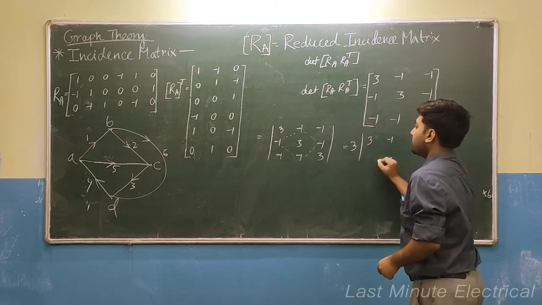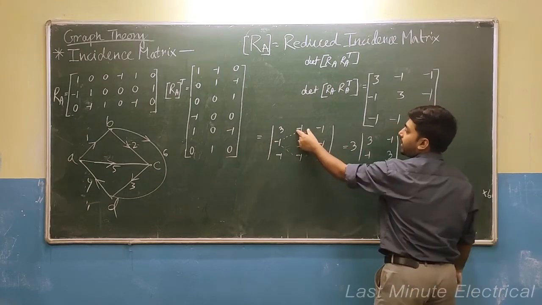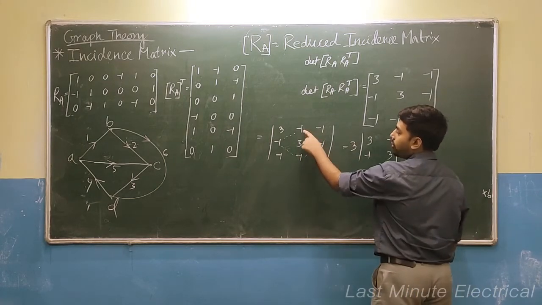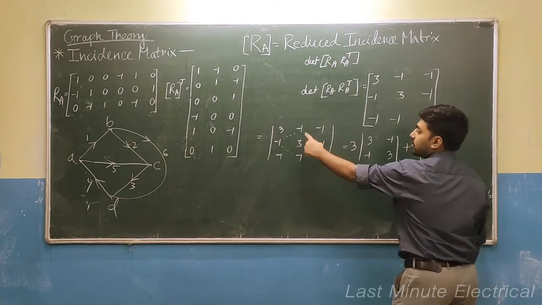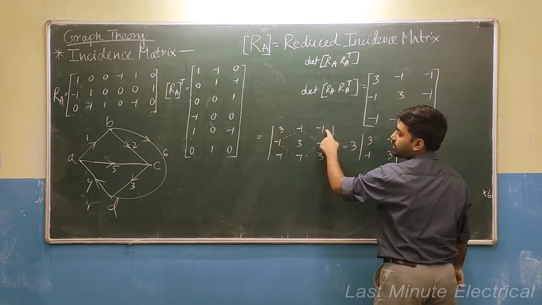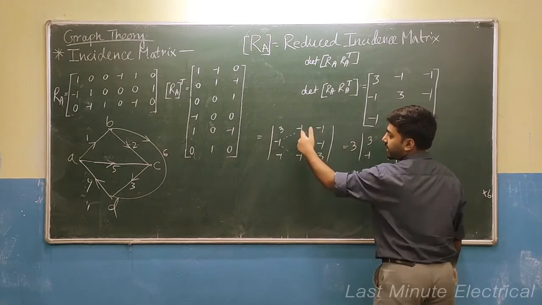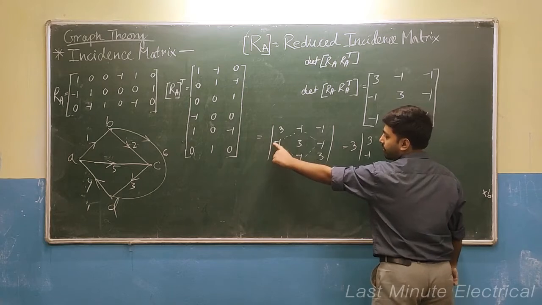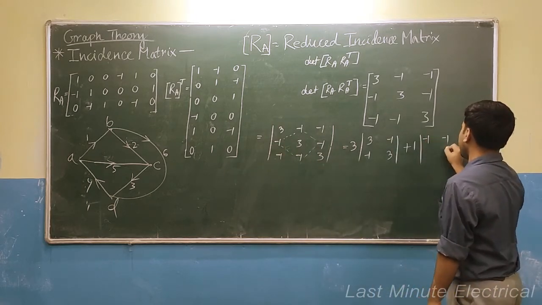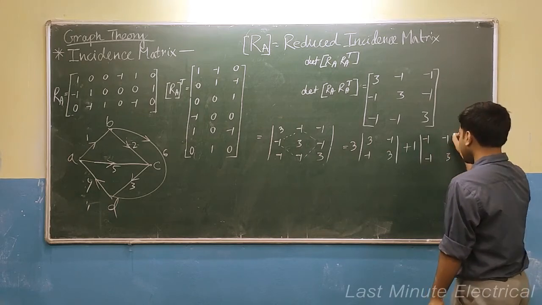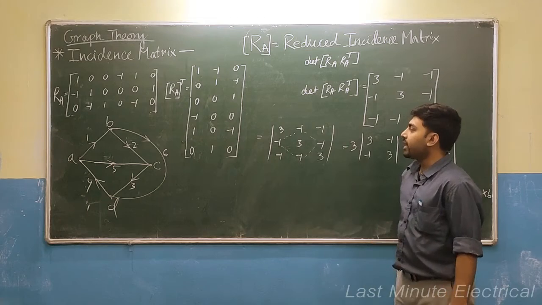Now consider -1. As this is the odd position, minus into -1, that is +1. Remove the second column and first row, you will get -1 -1, -1 3. Now consider this -1.